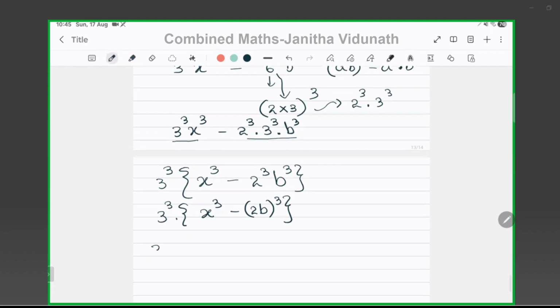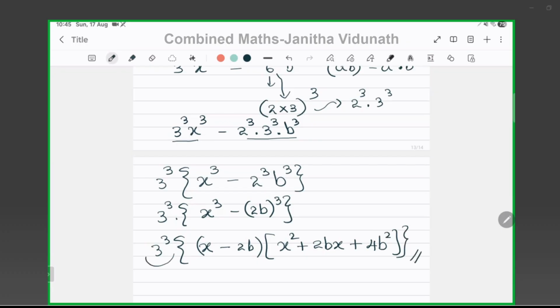Then we can factor out this as 3 to the power 3 times first term minus second term times square of the first term plus multiplication of those two terms, 2bx, plus the square of the second term. Then we got our final answer as this.